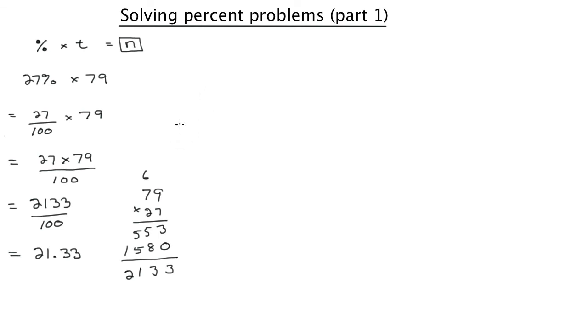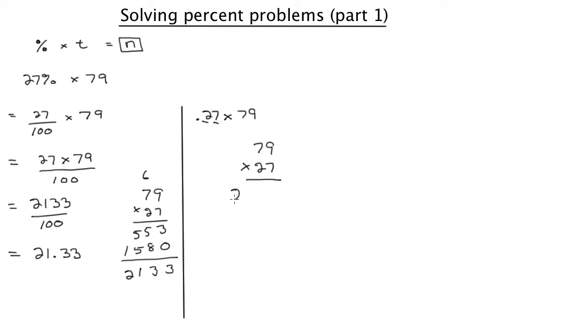If I did this using decimals, it would look like this. Let me just split this here quick. And I would have done 27 hundredths written as a decimal times 79. I would multiply 79 times 27 as if it was a regular number, a whole number. I count my decimal places, 1, 2. 79 times 27, well, I know what that is.